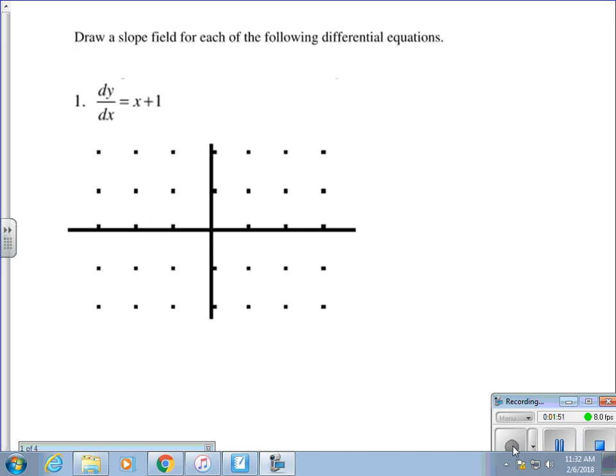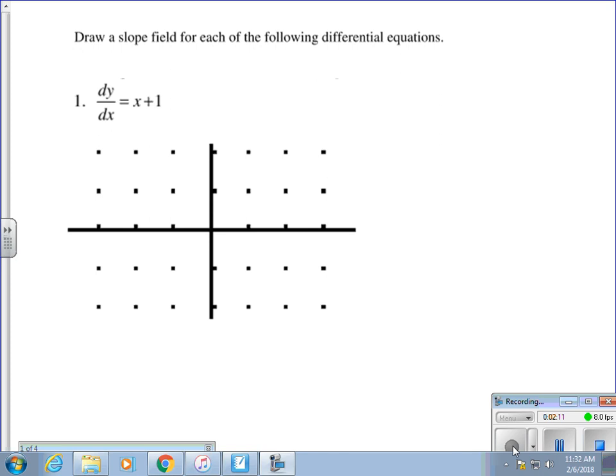Because what we're doing on this is creating a slope field. So what you have to do is for every xy coordinate, figure out what dy/dx is at that point, and put a little dash that has the slope of the number we calculated.